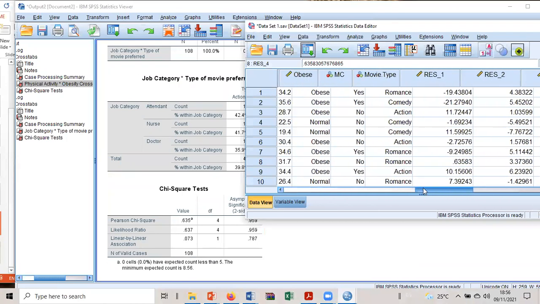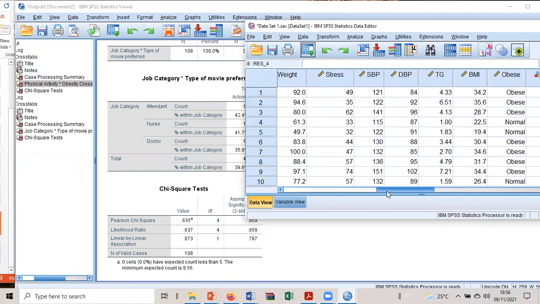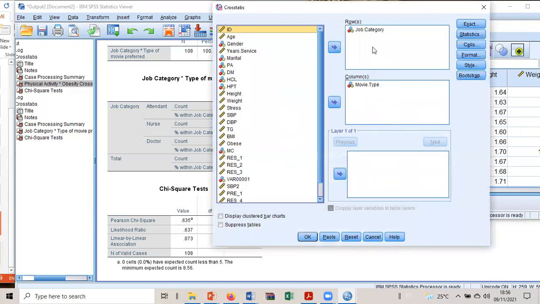Let me change one value and show how it may affect the results. Let's say now, physical activity. Let me just add one more category for simplicity. Cross tab, PA and obesity.